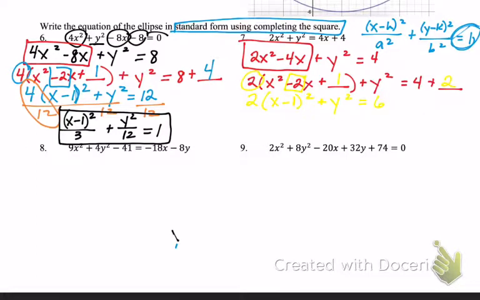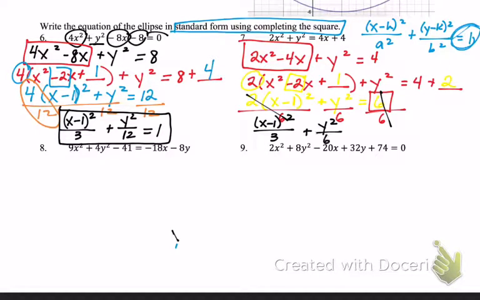Then I want my right side to equal 1, so I divide by 6, divide by 6, divide by 6. And so you end up getting x minus 1 squared over 3 plus y squared over 6 equals 1.